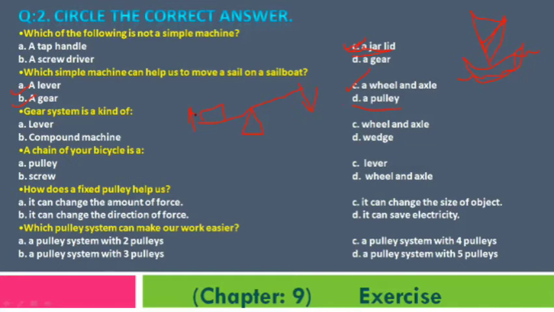This is a lever, but a gear system is not a lever, so this is not the answer. Compound machine, no, this is not the answer.